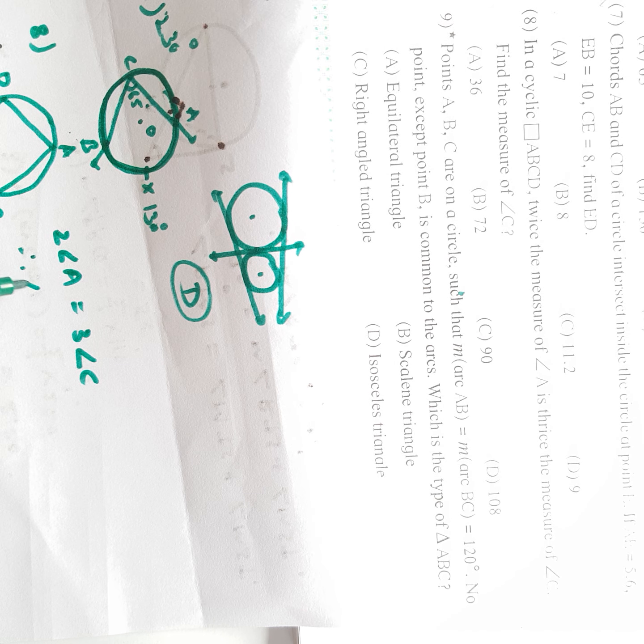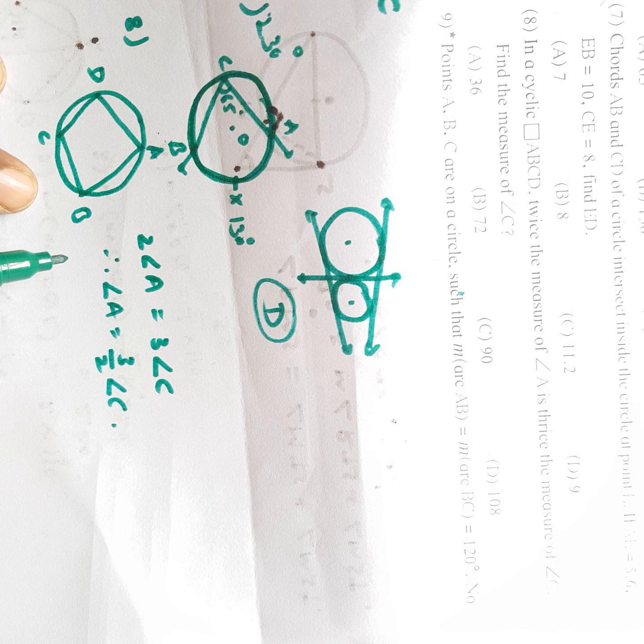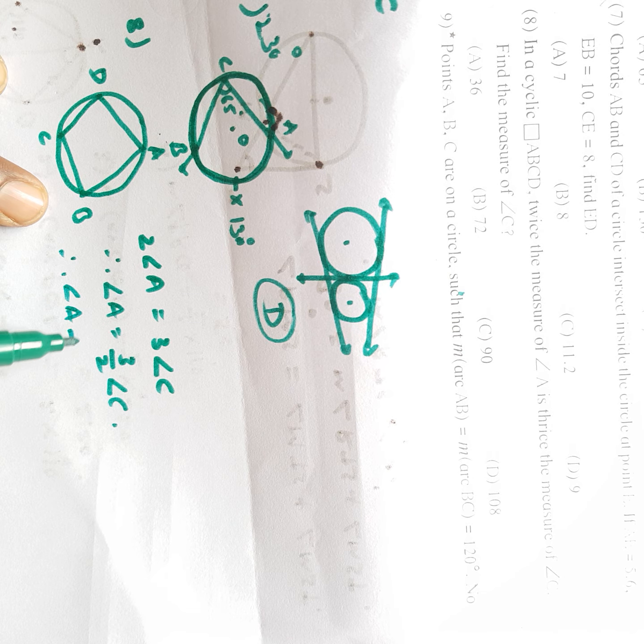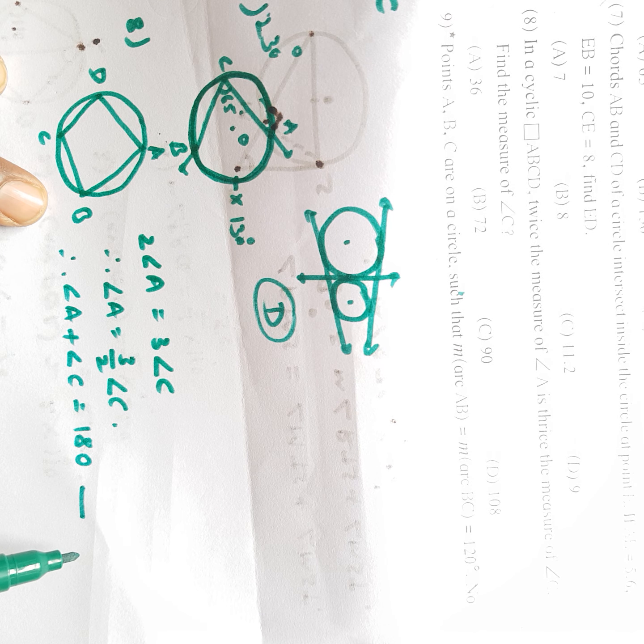Therefore, we can say angle A is equal to 3 upon 2 angle C. We know angle A plus angle C is equal to 180 degree. Why? Opposite angles of a cyclic quadrilateral.